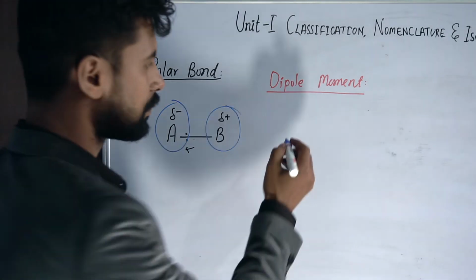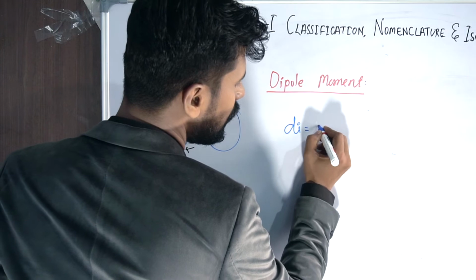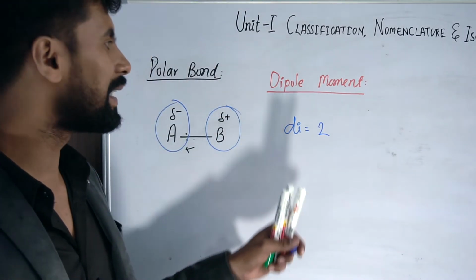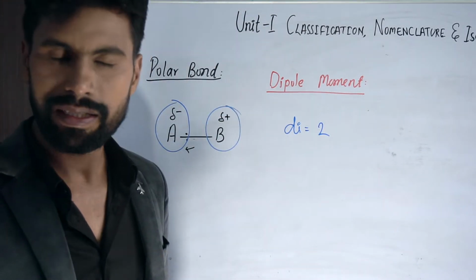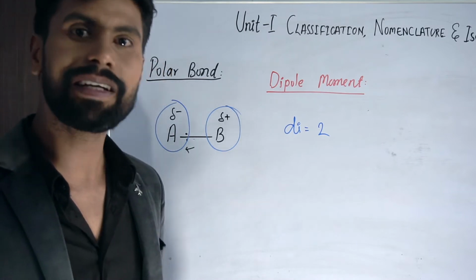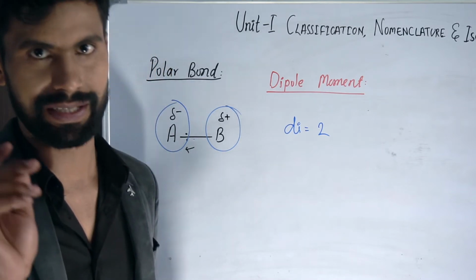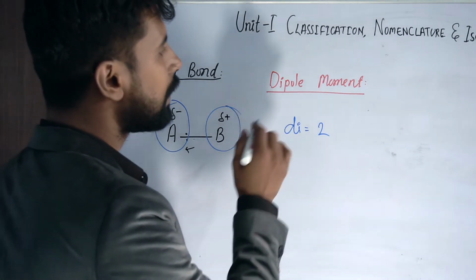Di means two. So two poles have been created in the same molecule, that is called dipole, and the moment of dipole is called dipole moment. Understood? So I think you have understood what dipole moment is.